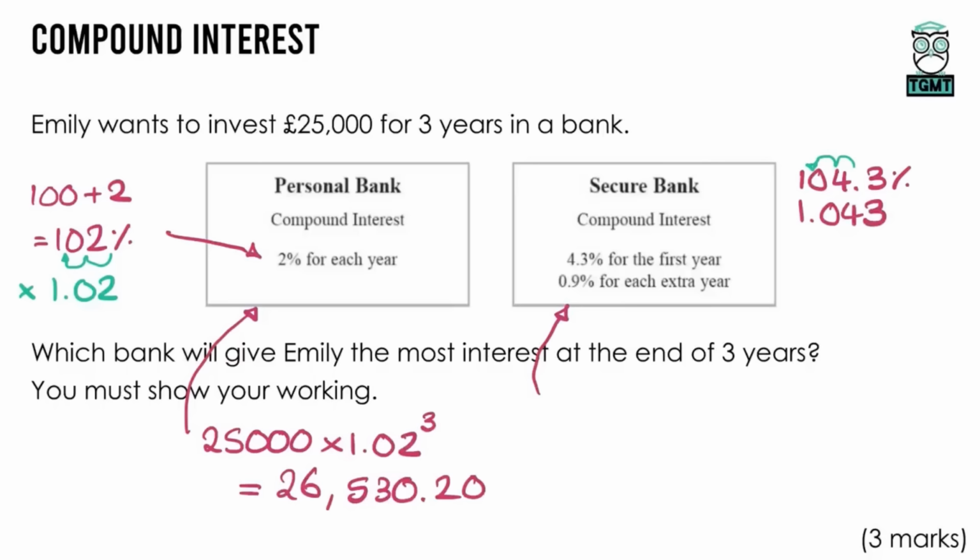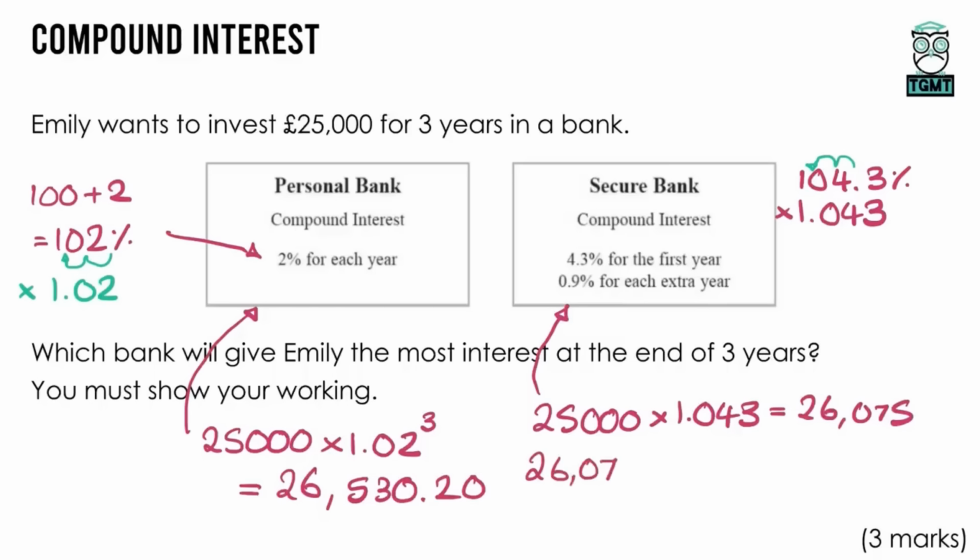So in the first year, we need to times by 1.043. So 25,000 multiplied by 1.043. I only get that in the first year, so I am going to have to write that down this time. 25,000 times 1.043 gives me £26,075.